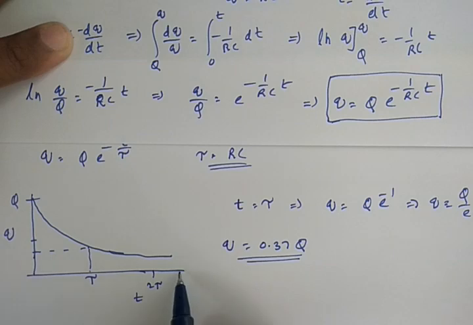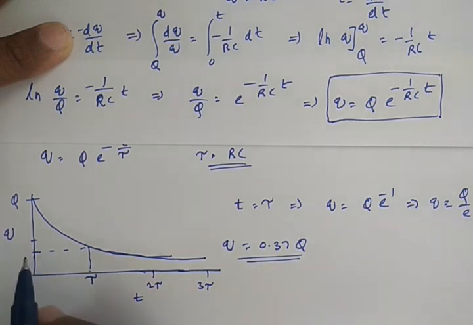Maybe this is 2T and maybe this is 3T, and 3 to 4 time constants is enough for the charge to get fully discharged. But theoretically it takes infinite time. So this is the discharging of the capacitor.